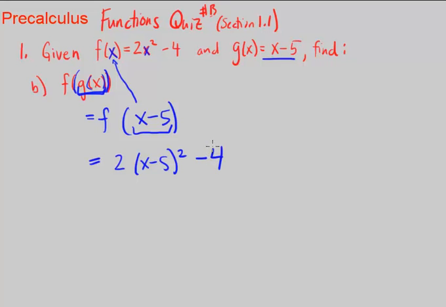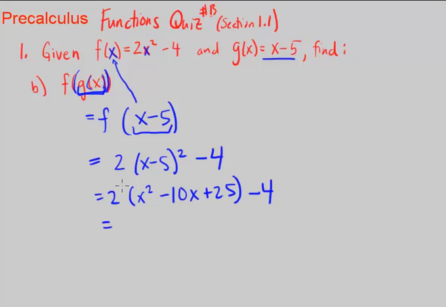And we can simplify this by multiplying x minus 5 times x minus 5 because it's squared. Again, you can use distribution in any method you want, including the box method, and you get x squared minus 10x plus 25. And don't forget the minus 4.